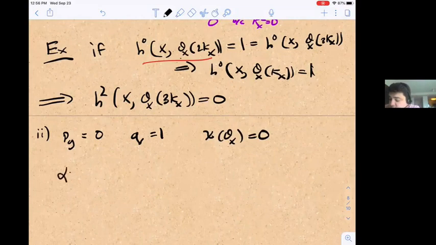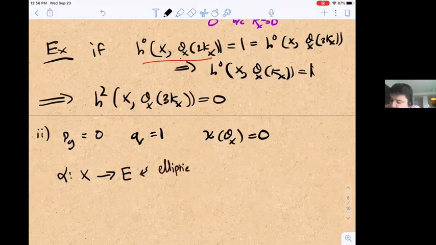So now we have an Albanese map X to E, where E is an elliptic curve. Again, because q is 1, we know that the Albanese variety is one-dimensional, so it has to be an elliptic curve. And now we basically run the same argument that we did in the proof of non-vanishing.